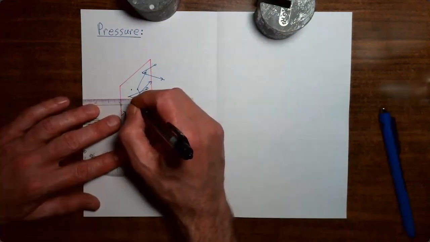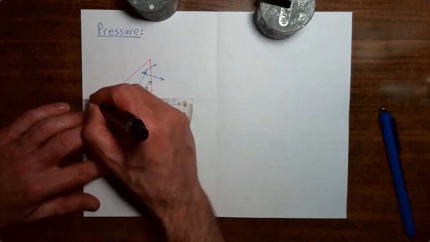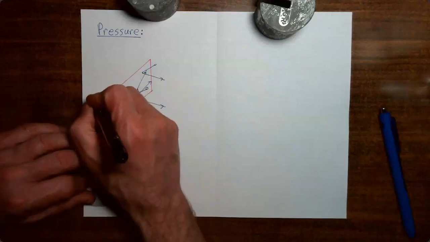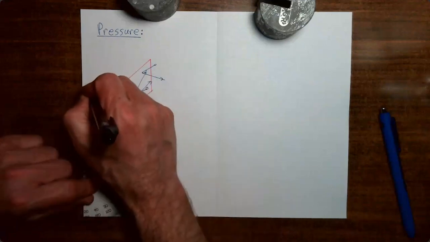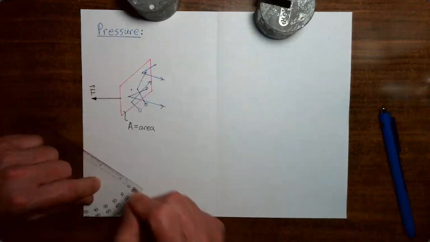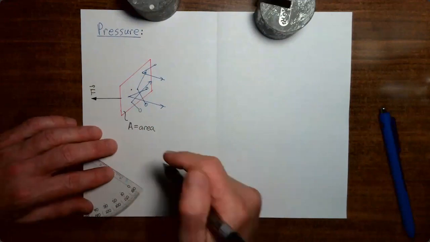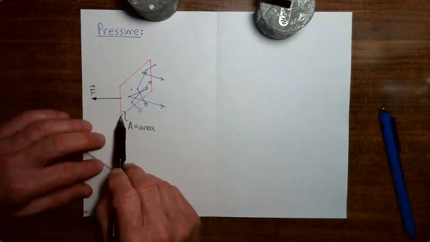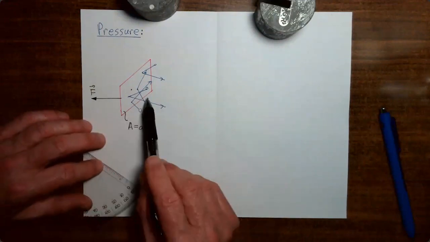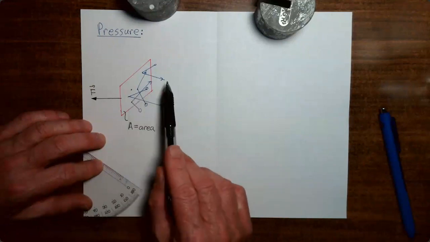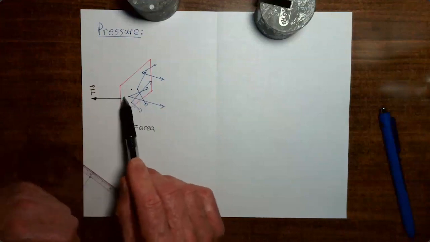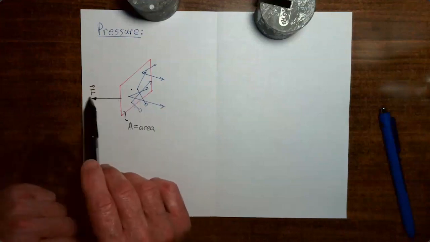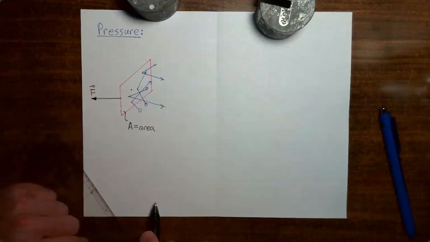So coming to the picture here, I'm going to put in a force vector which represents the net effect of all of those collisions of air molecules coming in and bouncing off the card. So to sum up, we have this card, surface area A, bunch of air molecules coming in, striking the card, bouncing off. The net effect is that all of those collisions exert a force on the card.